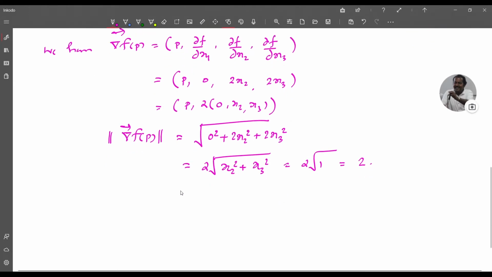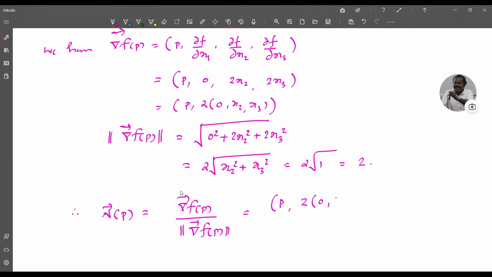Therefore the orientation n of p is del f of p divided by norm del f of p. This is equal to, at p, 2 times (0, x2, x3) divided by 2.